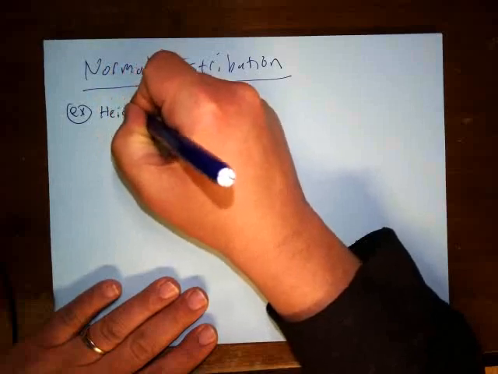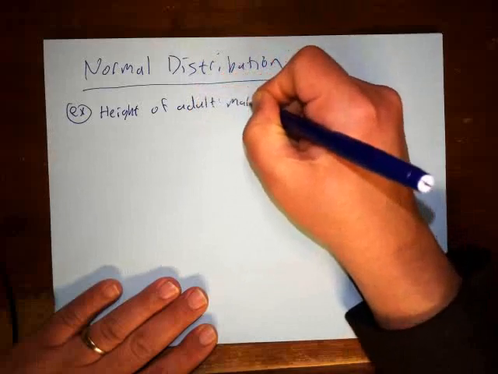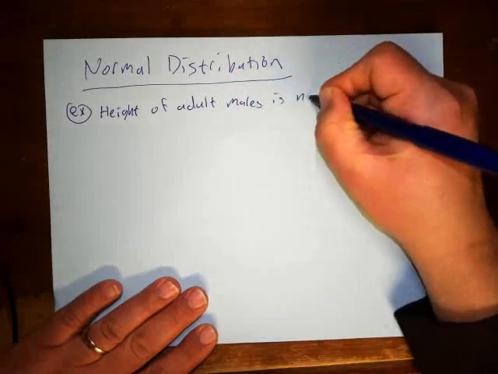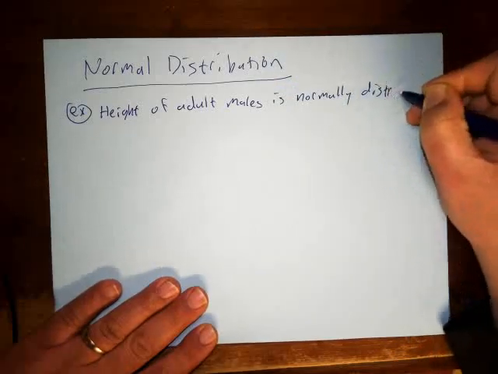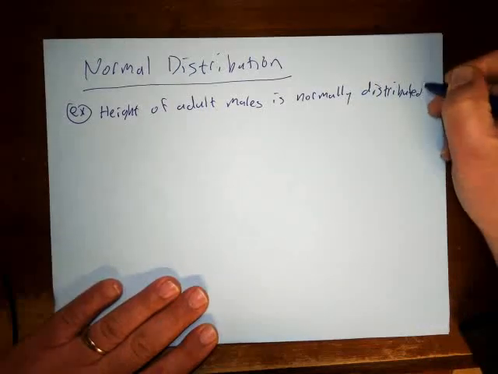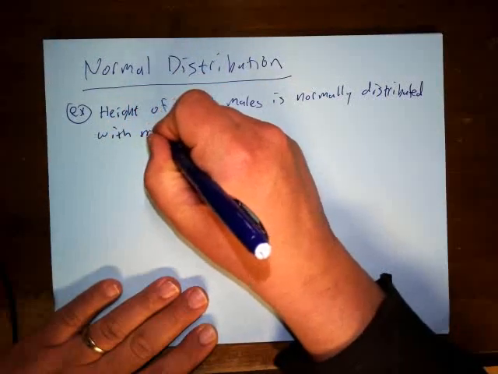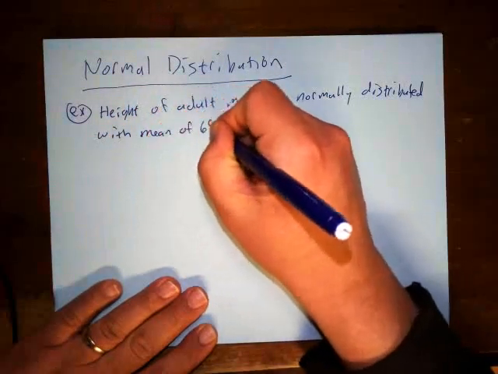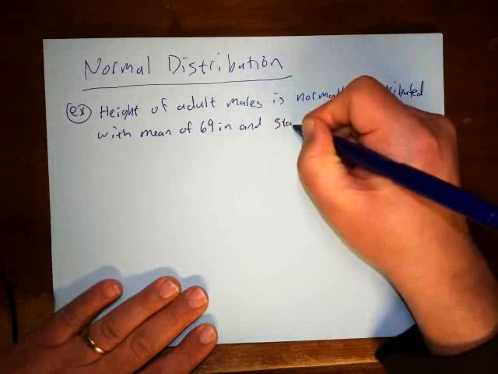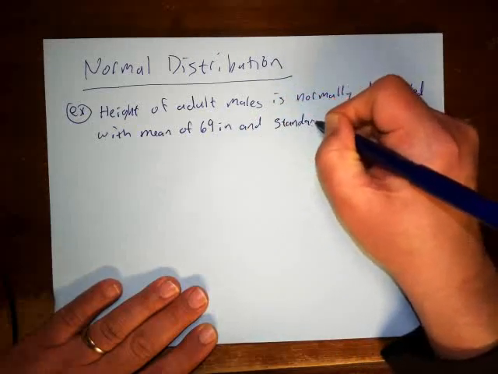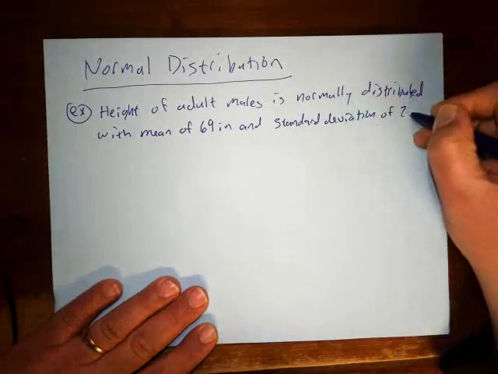We'll say that the height of adult males is normally distributed with a mean of 69 inches and a standard deviation of 7 inches.